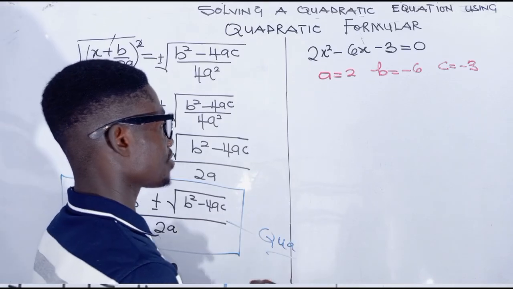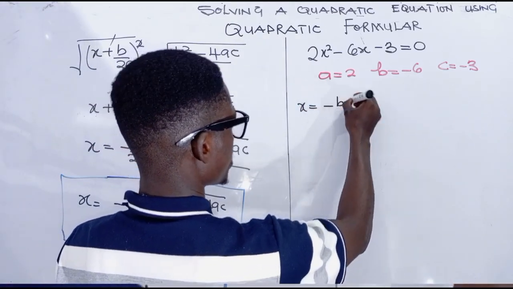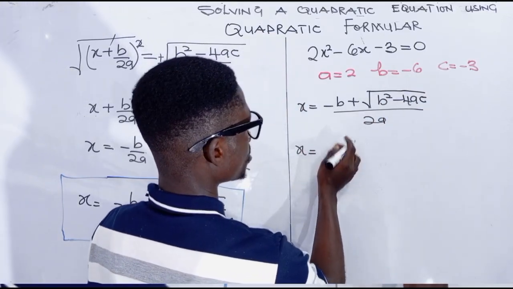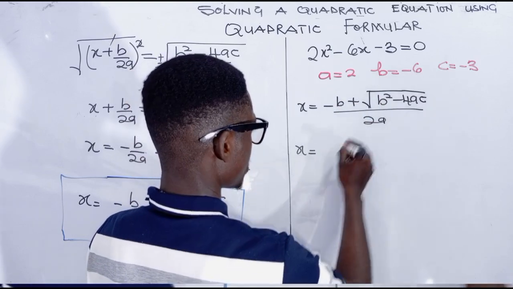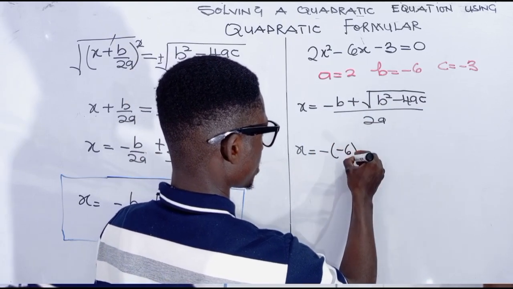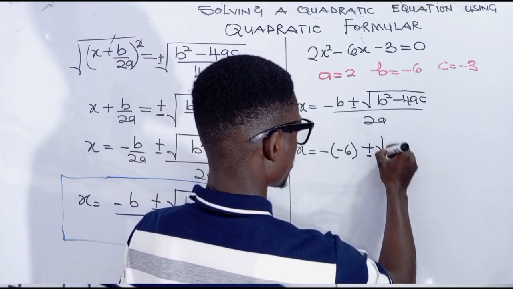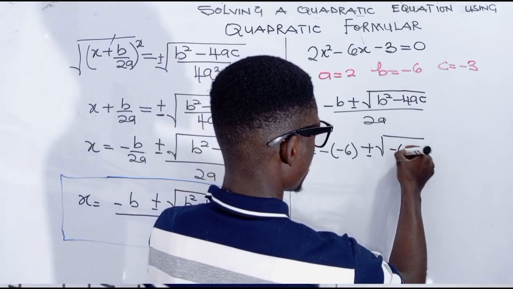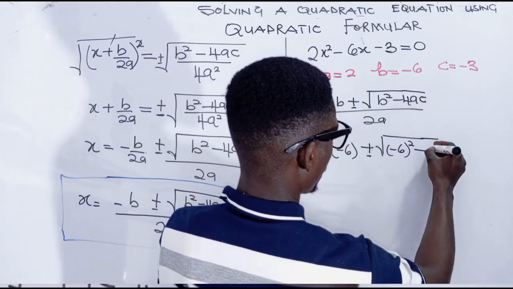So with the quadratic formula, we have x is equal to, so we are going to substitute into this formula. Our b is minus 6. Already we have minus 6, we have minus 6 plus or minus the square root of, our b is still minus 6, we have minus 6 all squared minus 4.